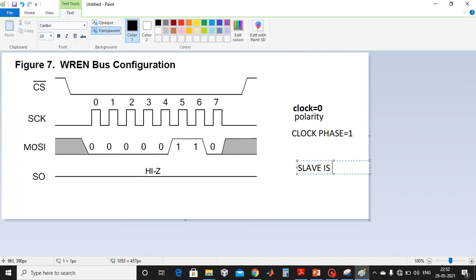Slave is sampling data on the rising edge. That means master has to put or update the data on the falling edge of the clock.